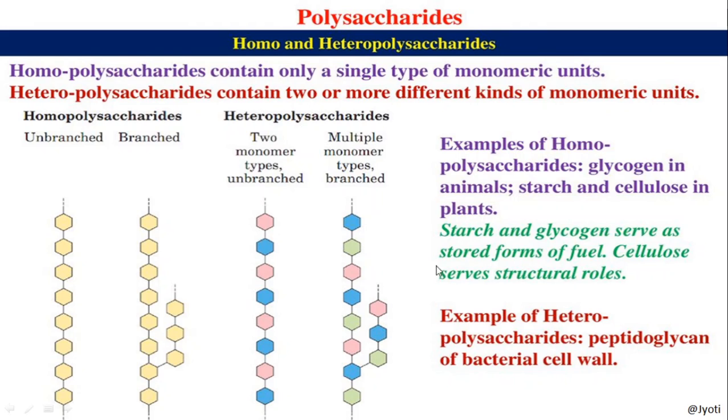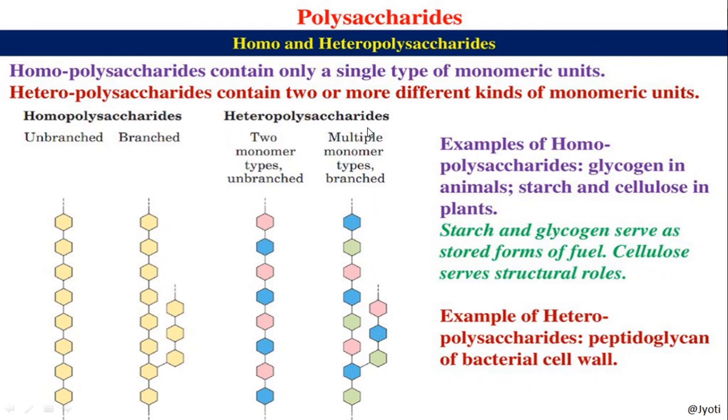Again, here in the picture you can see that in a homopolysaccharide only one type of sugar unit is present. So it is shown by a single color. This homopolysaccharide may be unbranched or branched. That means they can be linear or they may have branches. Okay.